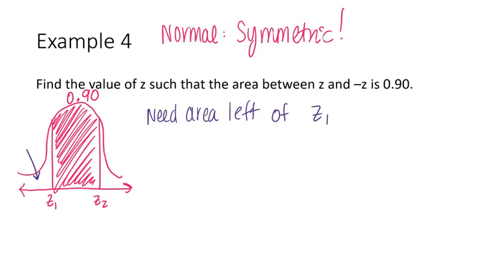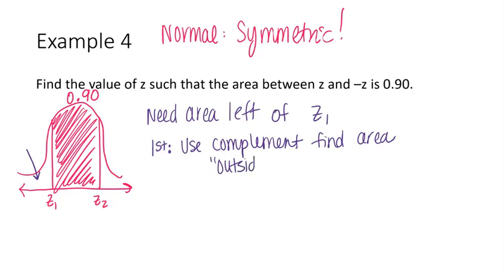Once I have the first z-score, I'll be able to use symmetry to know the other one. So in this type of example, the first thing we need to do is use complement to find the area outside in the tails of my curve. So I'm talking about finding these two tails.